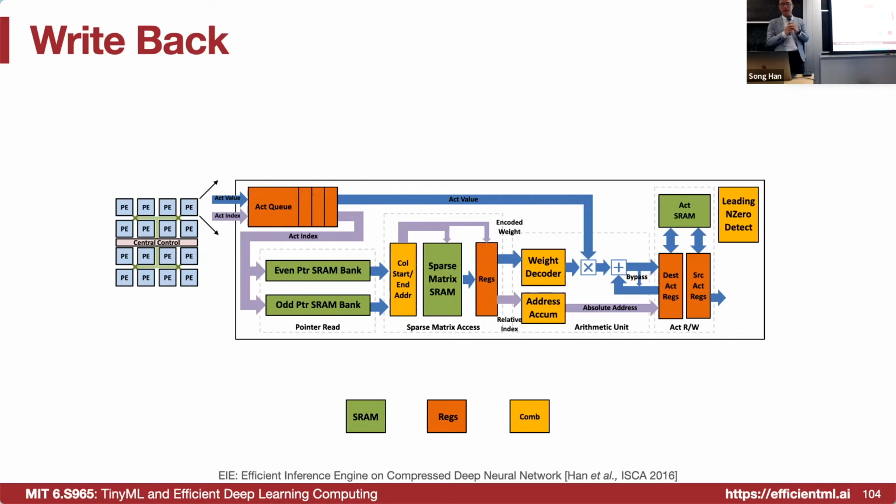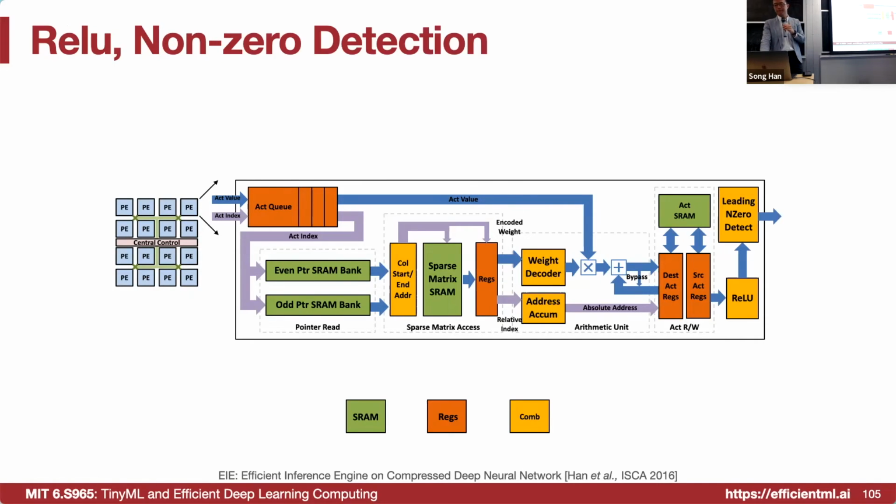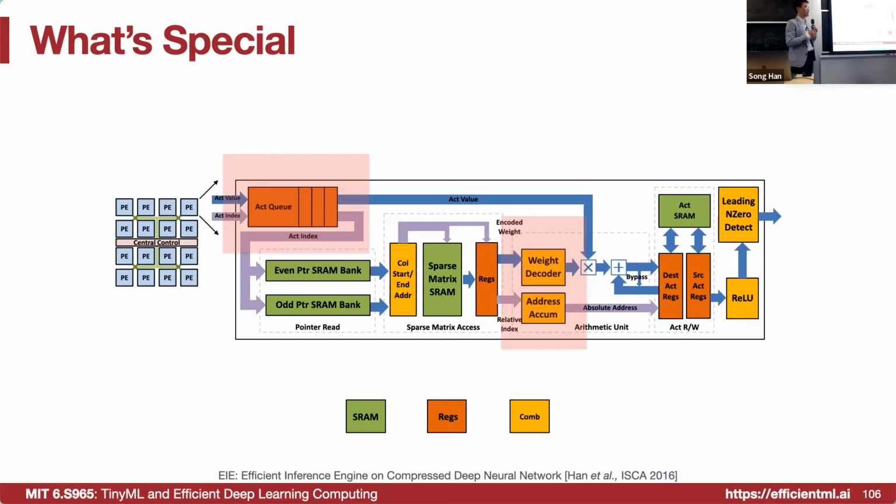Okay. So actually, the key computation is this multiply-add, but we have to do a lot of extra work to guide where we should read and where we should write. Finally, we pass it through the ReLU unit and detect whether it is 0 or non-zero. If it's non-zero, we put it in the activation queue of the next stage.